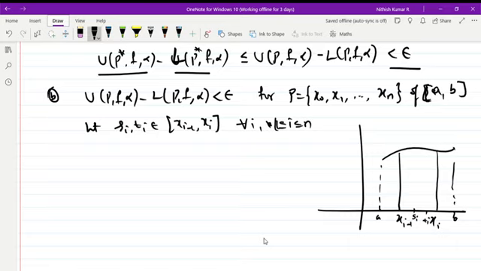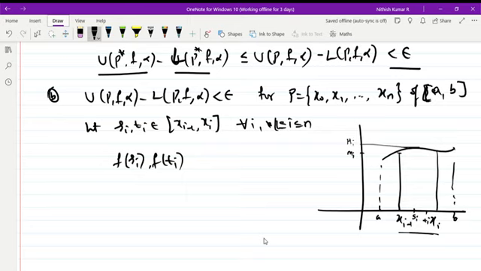Then if I take f of si and f of ti, they lie in this interval. Say this is the smallest value, let's denote it by mi, and the largest value, the supremum, is capital Mi.